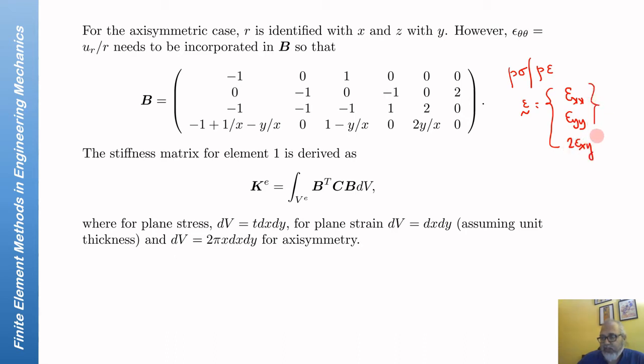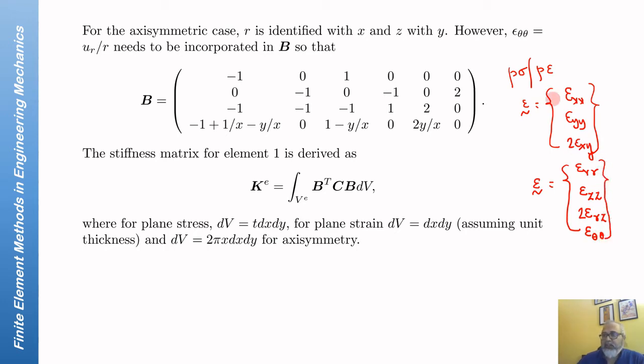This is our epsilon. In the axisymmetric case, we often define epsilon with an additional component. So this is epsilon xx, which is same as epsilon rr. This is epsilon yy, which is same as epsilon zz. This is epsilon xy, which is same as epsilon rz, and we add an epsilon theta theta.